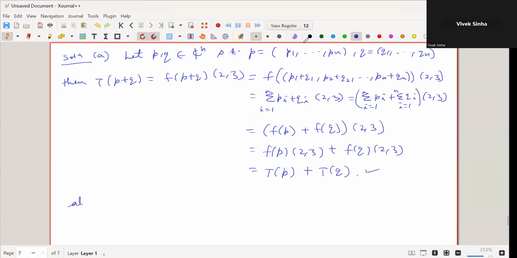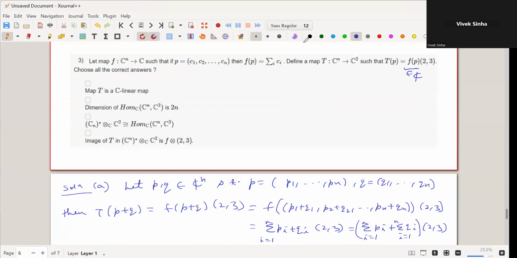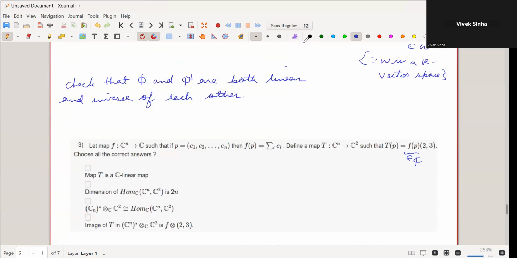That is, T(alpha P) equals alpha T(P) for all alpha belonging to C. That you can check easily, because you just need to use that T(alpha P) is F(alpha P), and alpha P means multiplying alpha to each coordinate and then taking its sum.